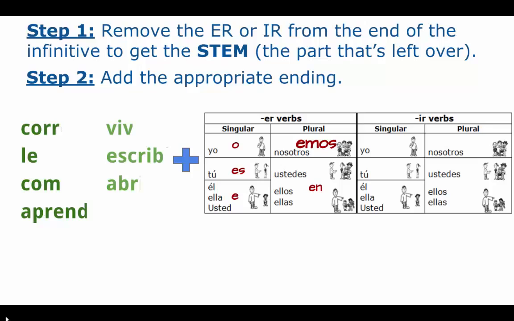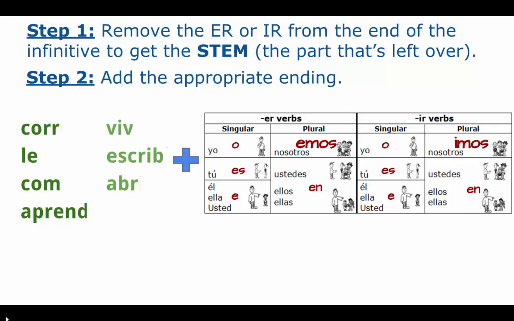For an IR verb, the endings are o, es, e, imos, en. So you'll notice that the only difference between the ER verb endings and the IR verb endings is in that nosotros form. ER verbs will go to emos, whereas IR verbs will go to imos. Apart from this difference, all the other forms are the same.